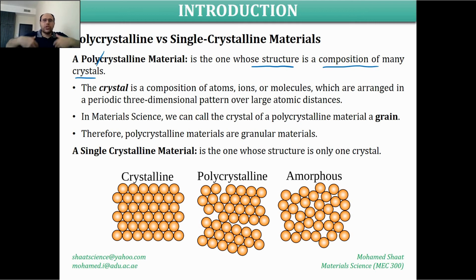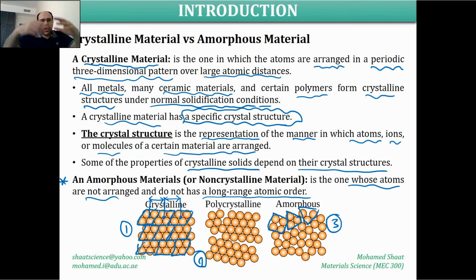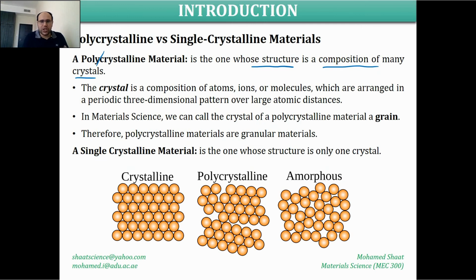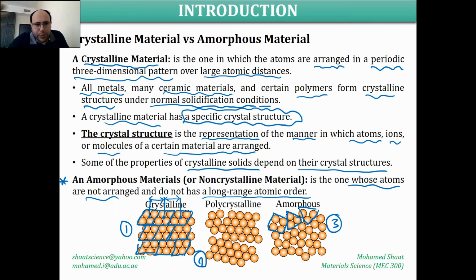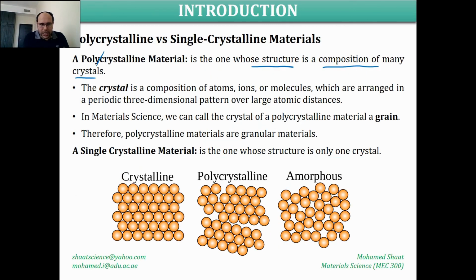So a polycrystalline material is a material with multiple patterns that are repeated identically, or multiple periodic patterns. Again, just stick to the word itself: polycrystalline. Poly means multiple.